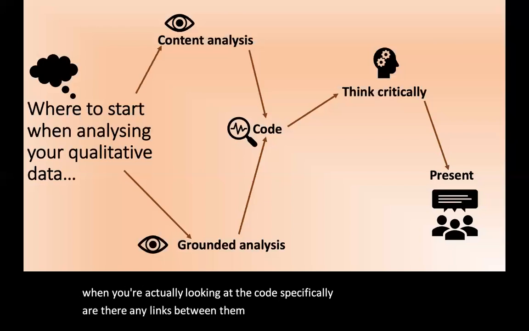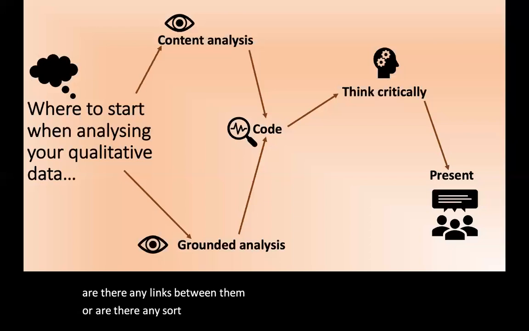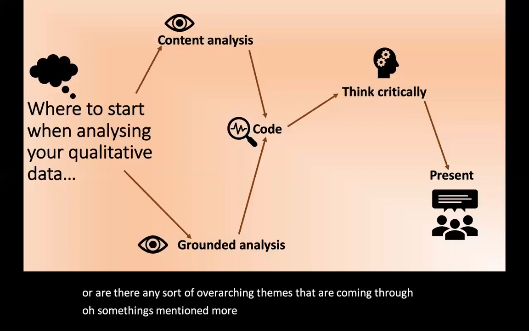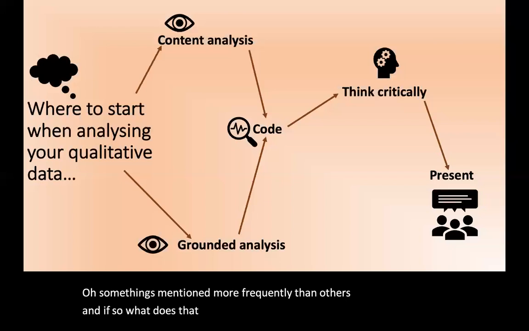Or are there any overarching themes that are coming through? Are some things mentioned more frequently than others? And if so, what does that mean? Have you seen that there are any patterns or themes or trends?